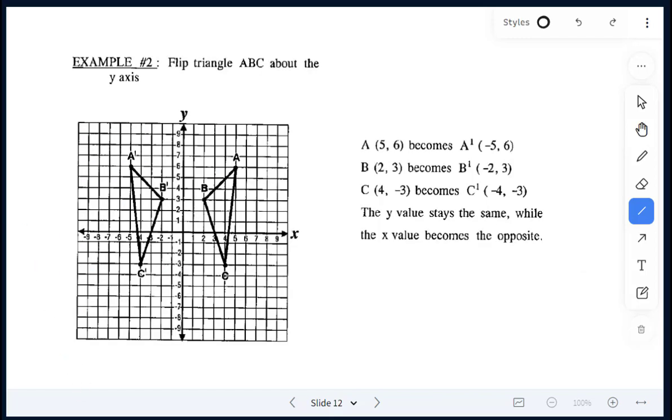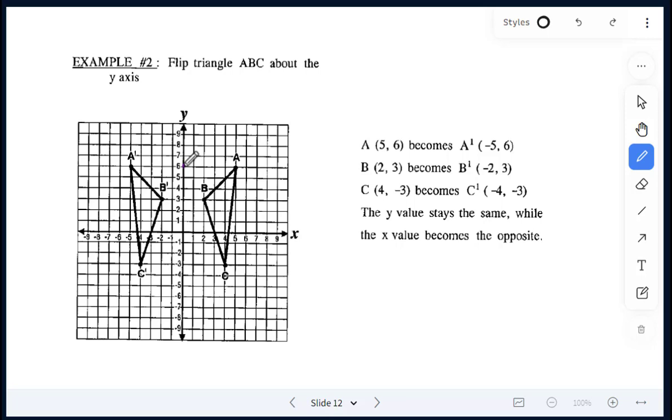All right, our next example, we're flipping triangle ABC about the y-axis this time. So this is our y-axis. Our original triangle is here, ABC. So we're going to count those points. So from A to the y-axis, 1, 2, 3, 4, 5 points.